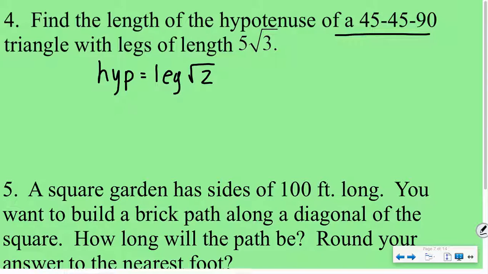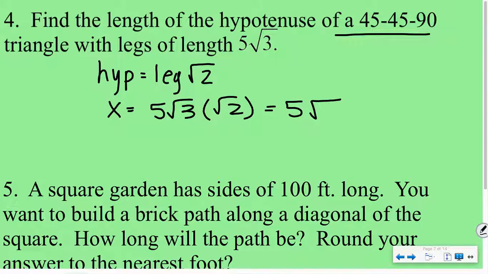Find the hypotenuse, so I'm going to put x in for that. If the legs are 5 square root 3, there's your little starting equation there. Can I multiply any of those numbers together? Which ones? The 3 and 2 under the square roots, so it's 3 times 2. Can I break 6 down with a perfect square? All right, there's the length of your hypotenuse.